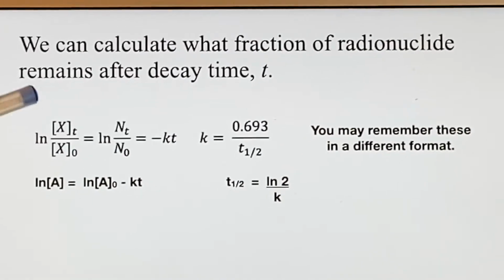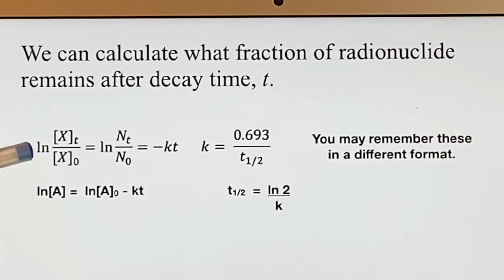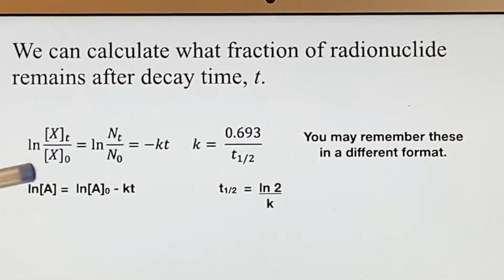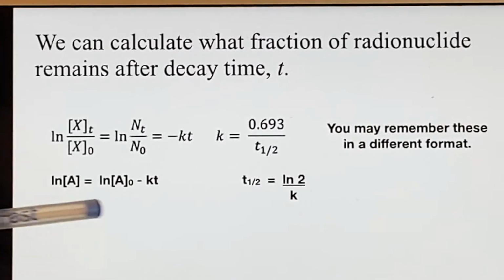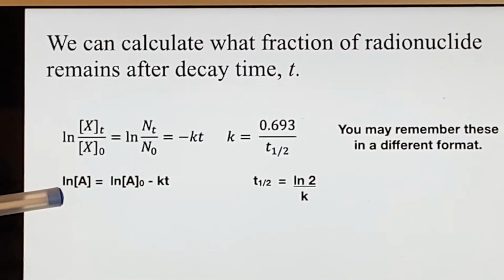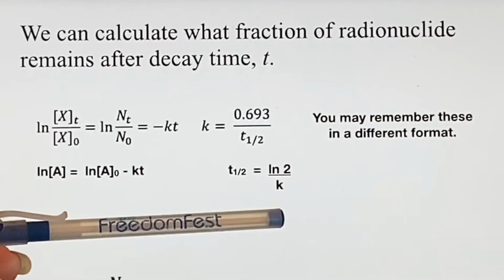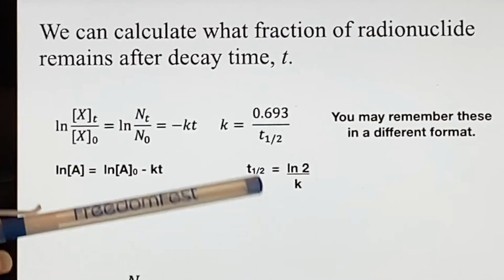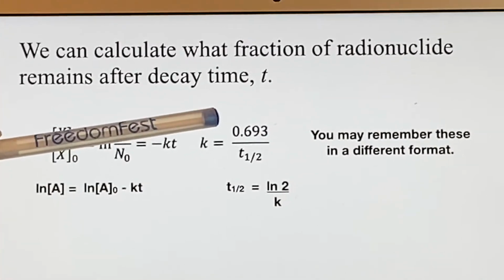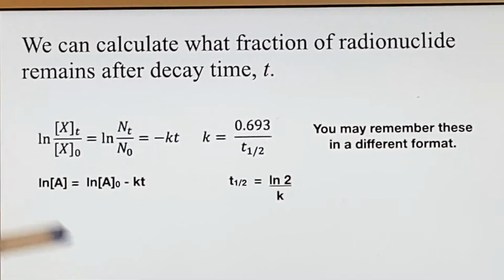If I have logarithm and that's divided, so it's a logarithm of this minus the logarithm of that, well, let's just push that over the other side, and then it won't be minus anymore, it'll be a plus. So this is the other format that we're used to seeing it. And you probably remember finding the half-life from k instead of k from the half-life. But you can see it's the same thing. And that's why I pointed out earlier that the natural logarithm of 2 is this 0.693.